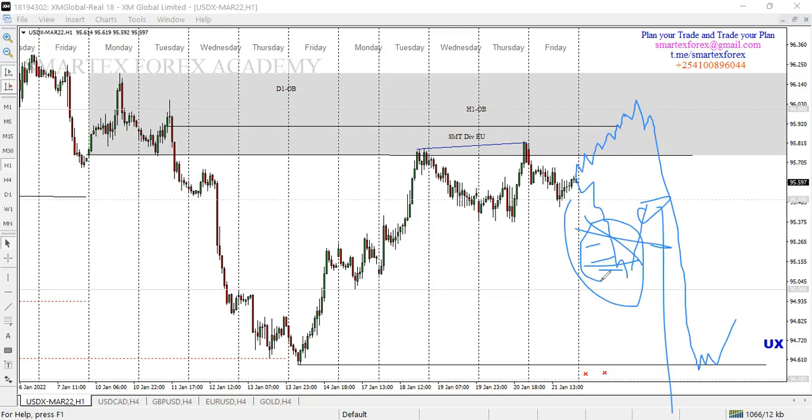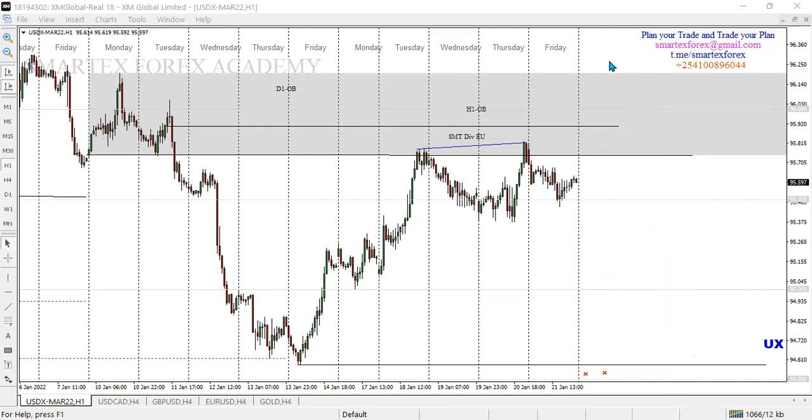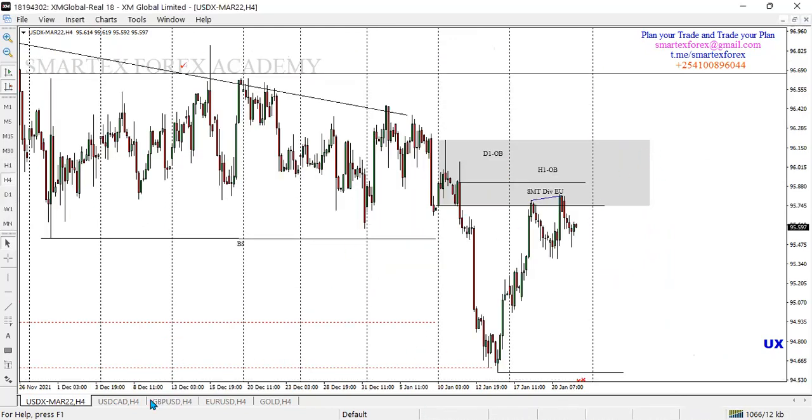We join the trend by timing corrections, by trying to catch corrections. Good. So make sure you have your own style of trading, and if it matches with mine, then that's an added advantage. But for me, that's what I'm expecting on the dollar index.